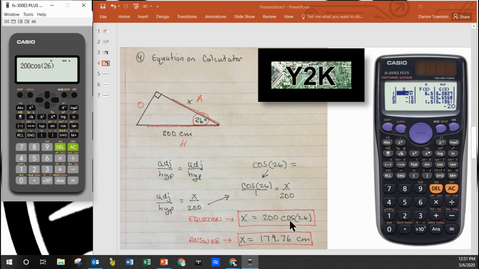And there's the equation on my paper. There's the equation on my calculator screen. So I hit equals, and it tells me it's 179.758. So my answer for the length of the adjacent side is 179.76 centimeters.